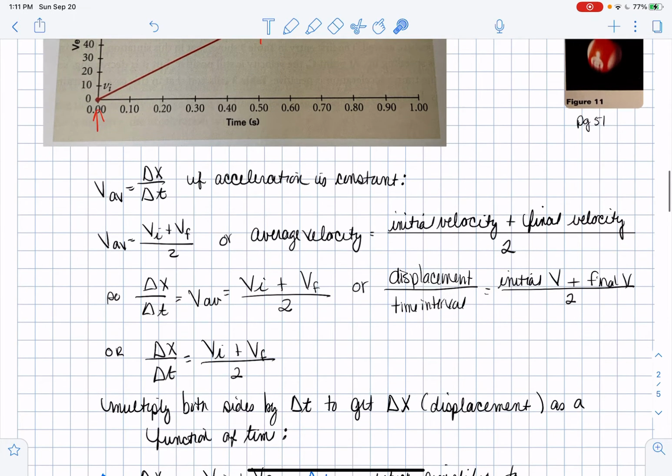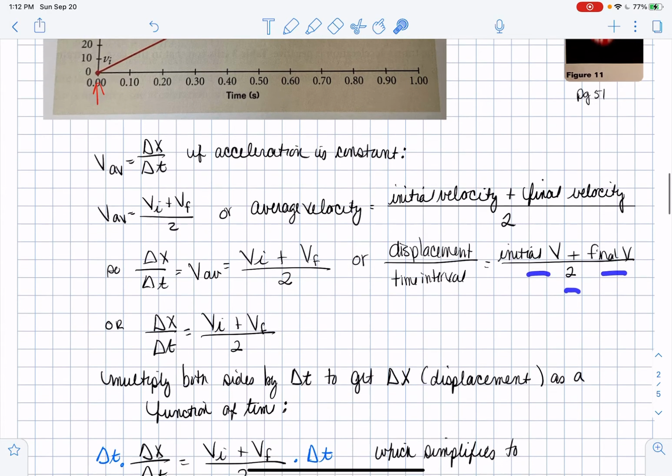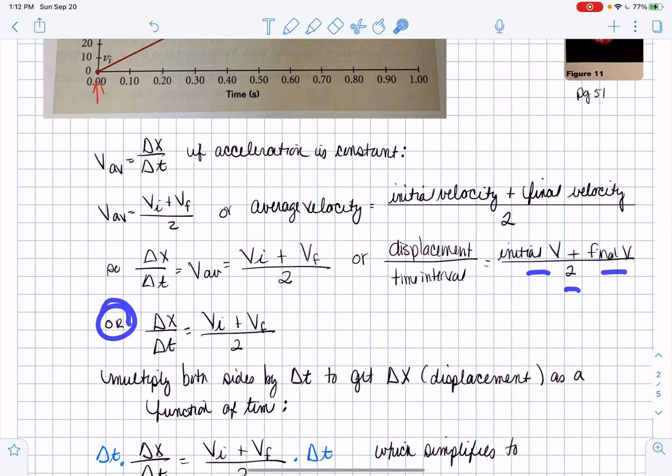Okay, so we have displacement over change in time equaling V average, equaling (VI plus VF) over 2, or displacement over the time interval equals initial velocity plus final velocity over 2, or delta x over delta t equals (vi plus vf) over 2.